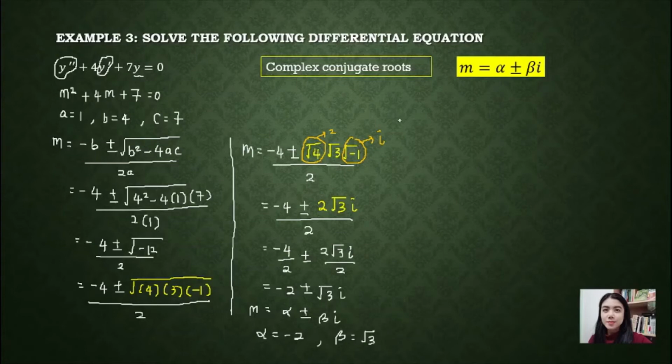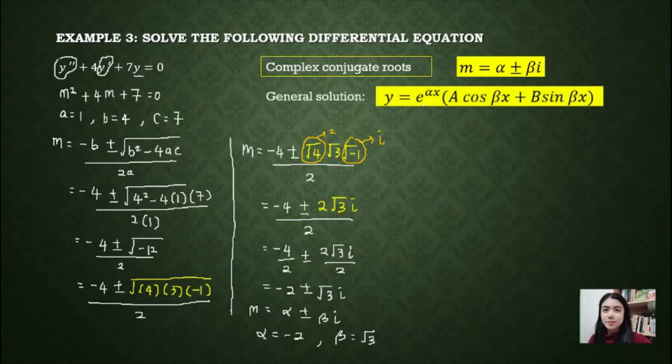So as I said earlier, if you have complex conjugate roots, then your general solution will be in this form: y equals e to the power of alpha x.